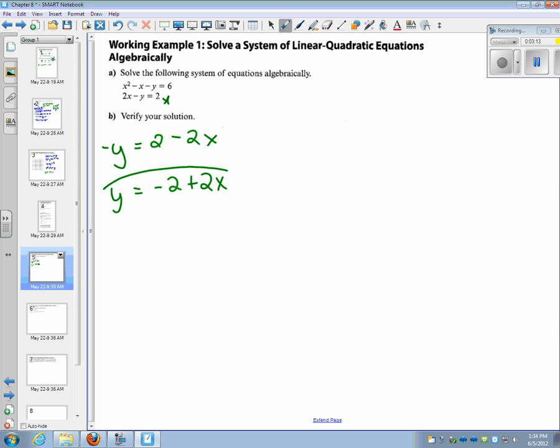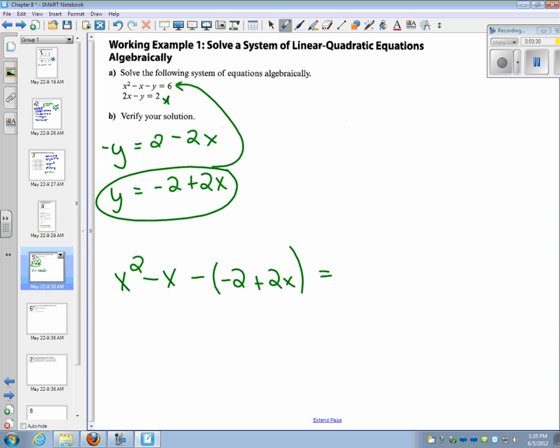Now I'm going to substitute this into the first equation. This will give me x. So x squared minus x minus y, and instead of y I'm going to put negative 2 plus 2x, is equal to 6. And now I'm going to go about solving this. x squared minus x plus 2 minus 2x minus 6 is equal to 0. x squared minus 3x minus 4 is equal to 0.